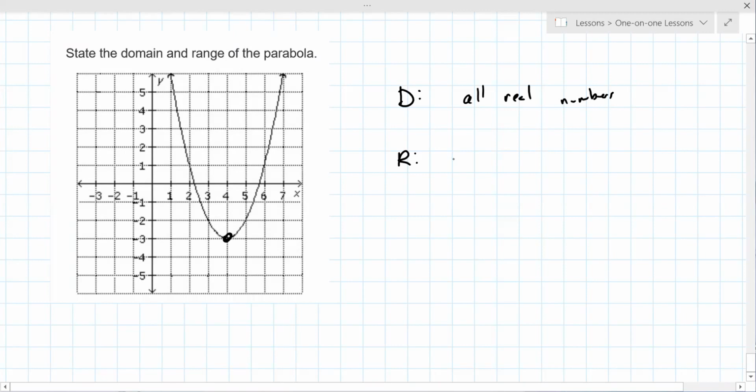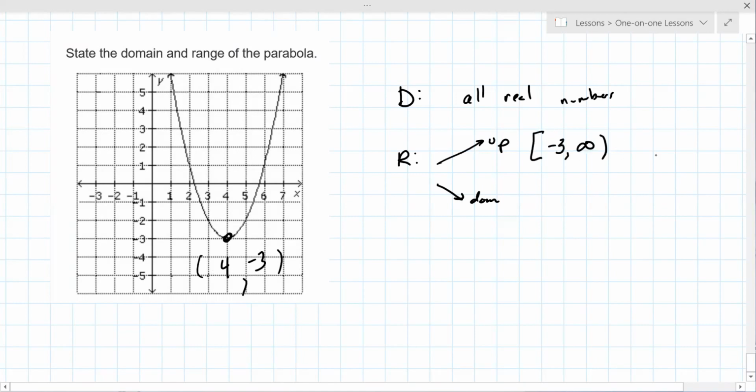So if it opens up, it's positive. If it opens down, it has different things. But what is the vertex here, please, as an ordered pair? 4 comma negative 3. Okay, so it depends on the y value. So since it opens up, it's the y value to positive infinity.